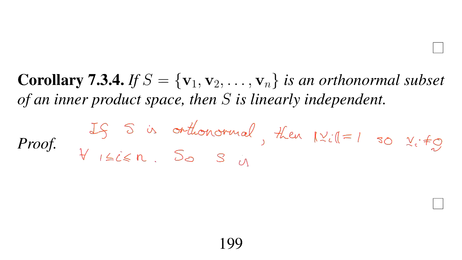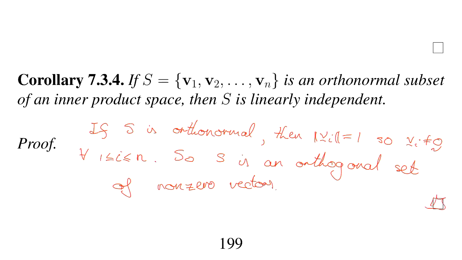So S is an orthogonal set of non-zero vectors. Okay. All right, so that's the relationship between orthogonality or orthonormality and linear independence.